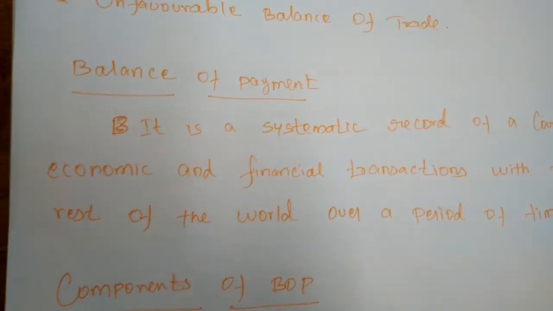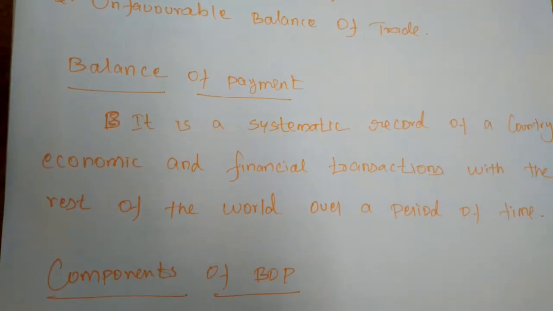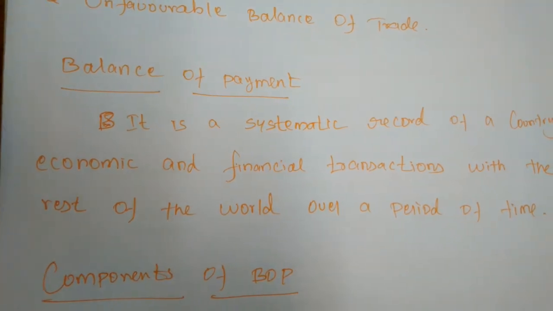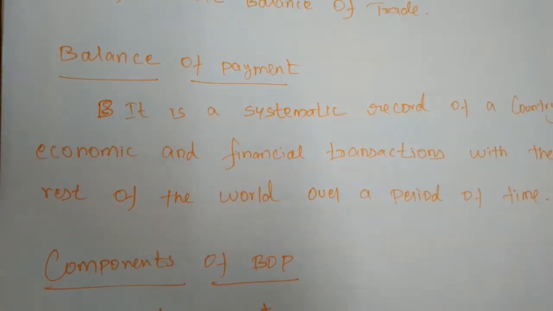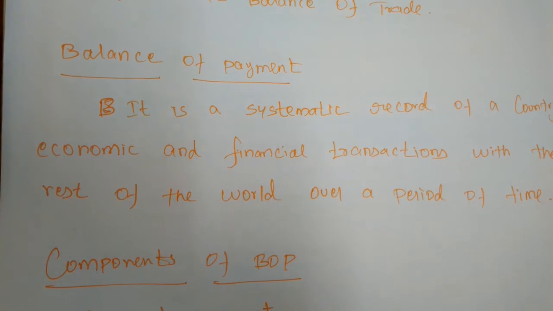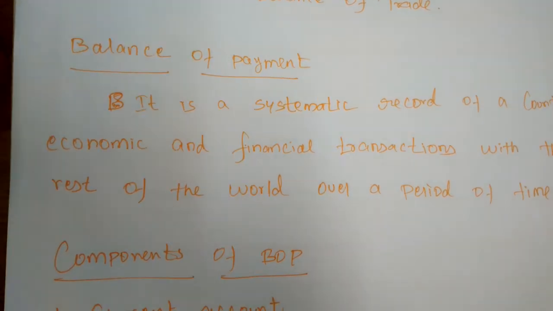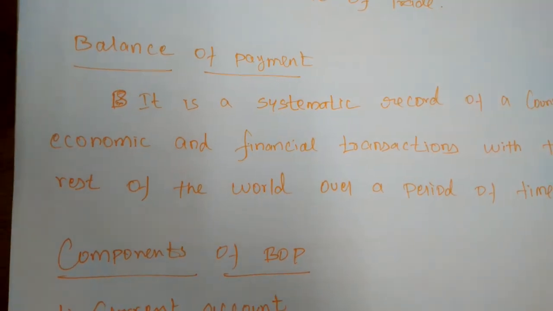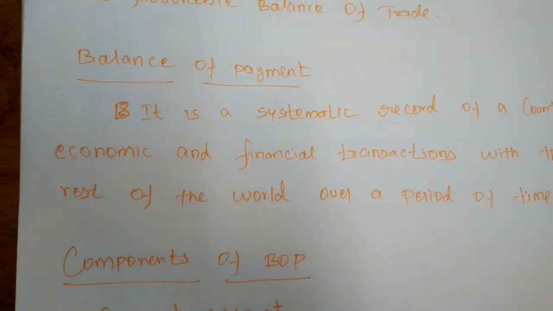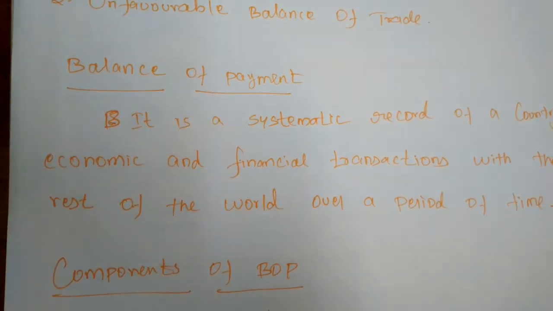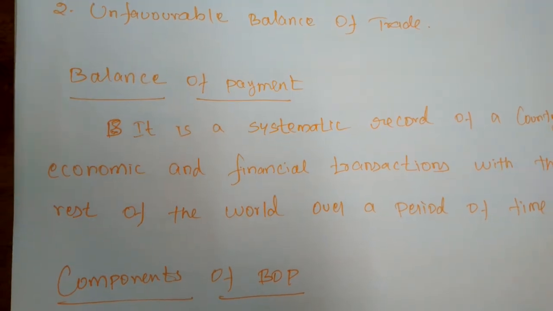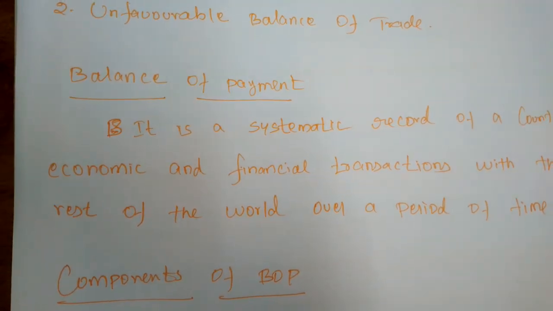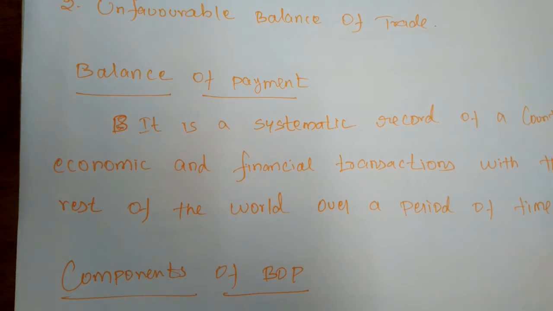Like the balance of trade, which we classified as a favorable balance of trade and an unfavorable balance of trade, the balance of payment also we can classify into two types: a favorable balance of payment and an unfavorable balance of payment. When receipts exceed payments, the balance of payment is said to be favorable.